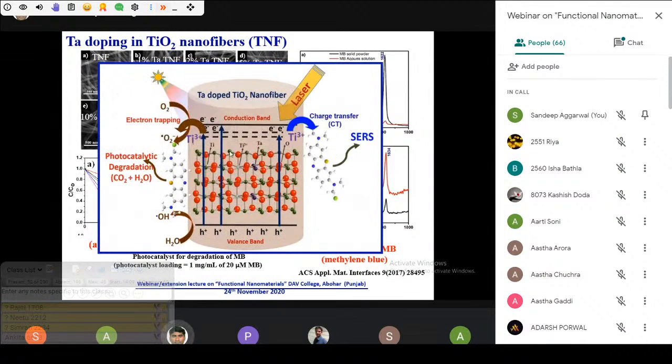This was because of the energy state created just below the conduction band, because of the doping of tantalum. So this is just an example of how doping is important and useful for tuning the band gap and enhancing its functionality.